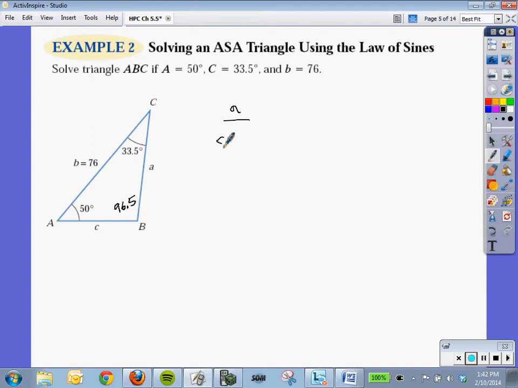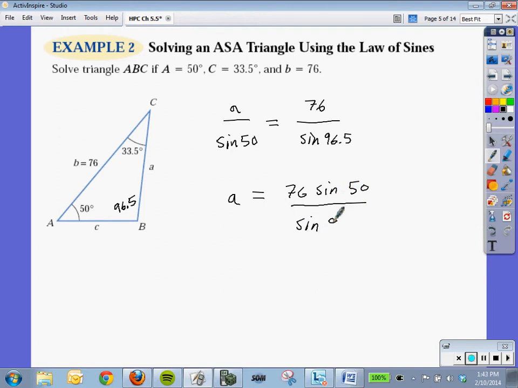We know that little a over the sine of 50 is equal to 76 over the sine of 96.5. So we got to multiply both sides by the sine of 50, and that gives us 76 times the sine of 50 divided by the sine of 96.5 is equal to little a.